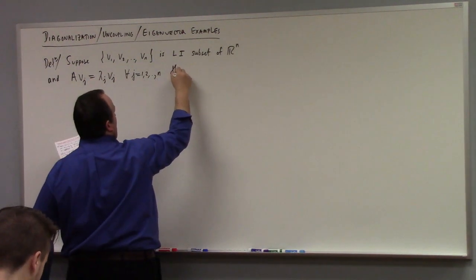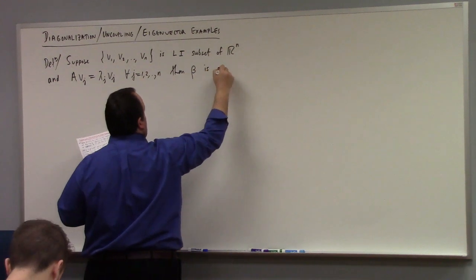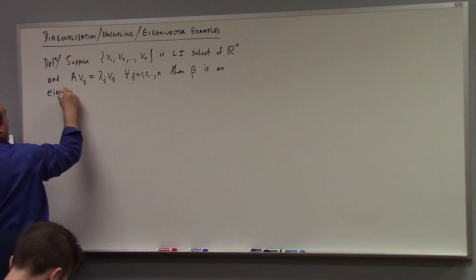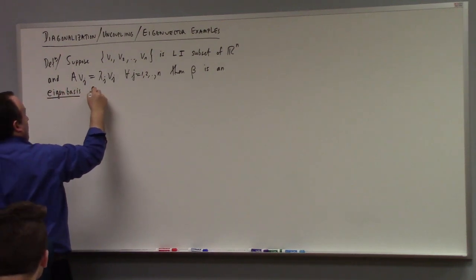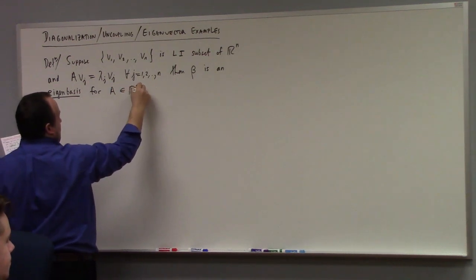Then beta is an eigenbasis for A. And here A is, of course, an n by n matrix, okay?